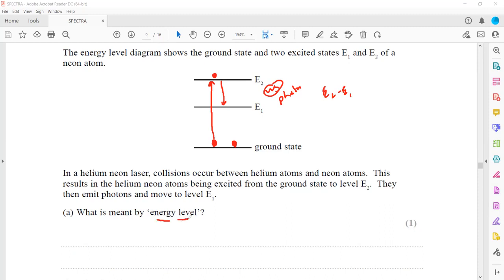What is meant by the energy level? So first, the definition of energy level. Basically, how do we define energy level?